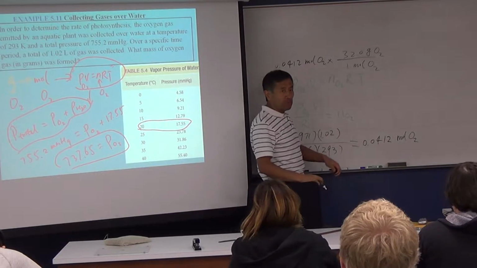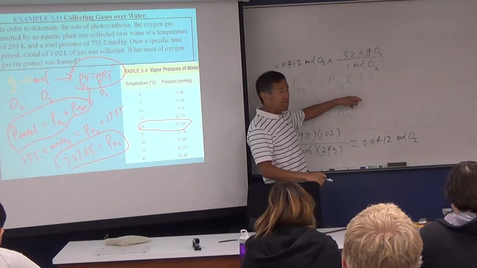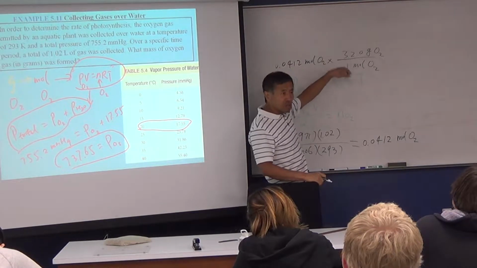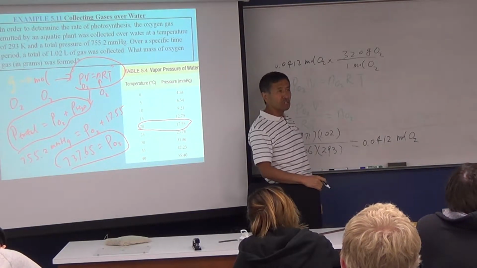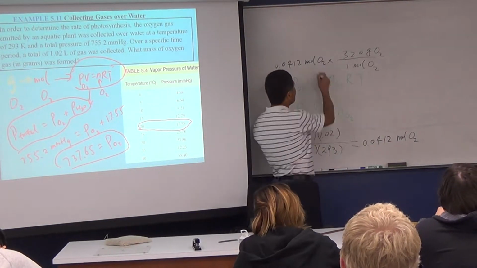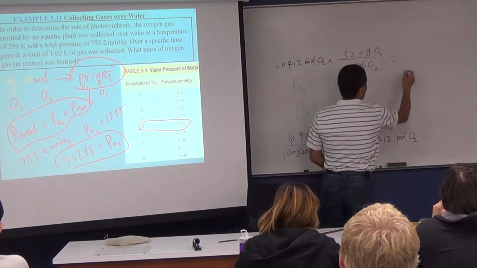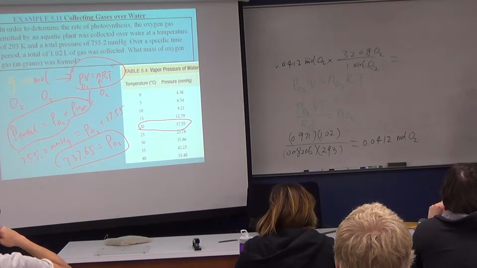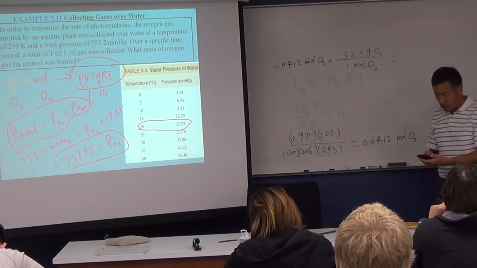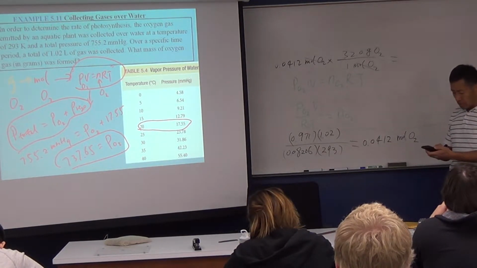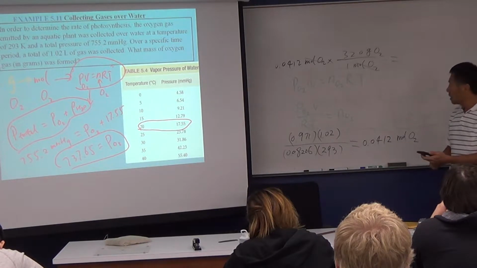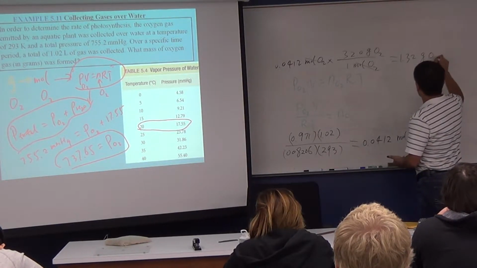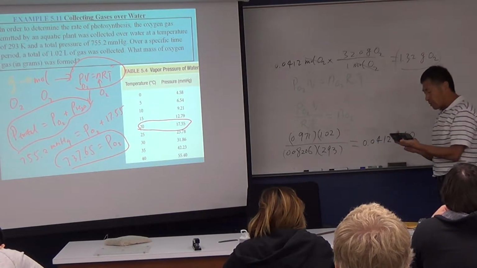Okay. So if I put this in this format, I put the 32 on top and the mole at the bottom, and this whole fraction comes from the molar mass, right? And then you can see this comes out. Those are very basic calculations, so make sure you don't forget that. And you get 1.32 gram of O2, and that will be your final answer.